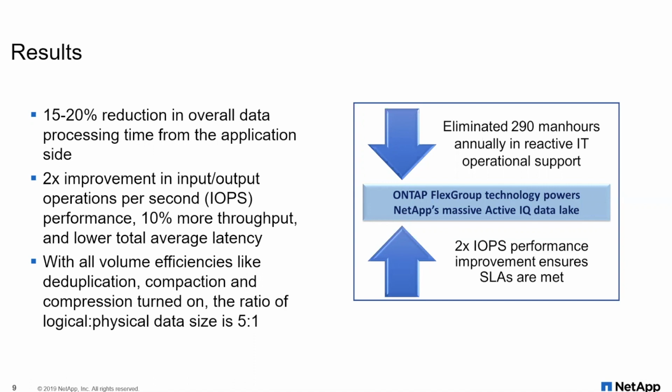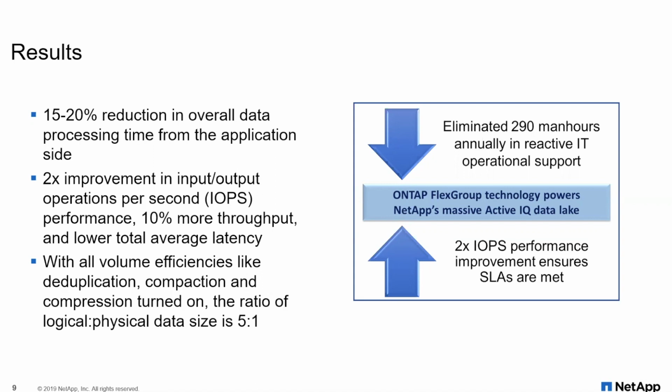Talking about performance, we saw a 2-times improvement in IOPS, 10% more throughput, and the total average latency also went down significantly. Now, the alert tickets: the ops teams used to get 80 alert tickets a month. Now it's dropped to 0, and that was a big win for us.